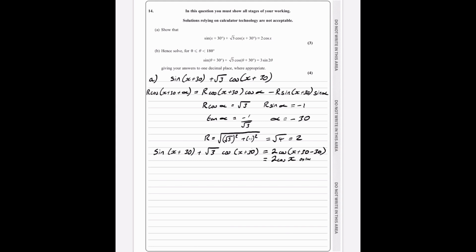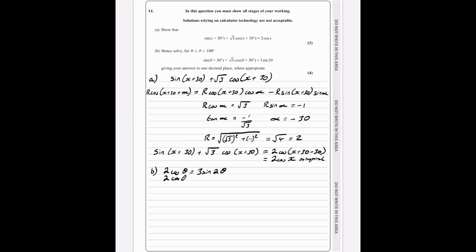For part B, we can use our identity from part A to simplify it all down. So the whole of sine of theta plus 30 plus root 3 cos of theta plus 30 we can rewrite immediately as 2 cos theta.